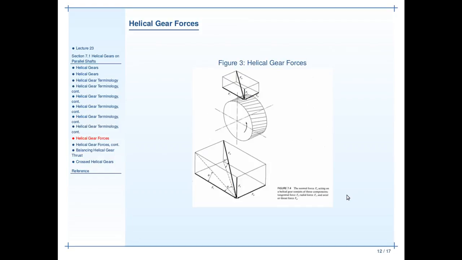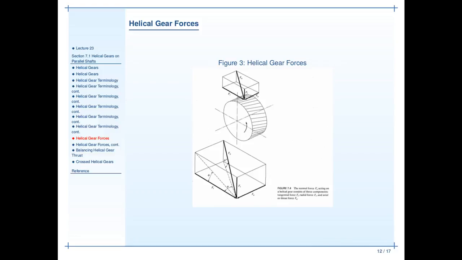Now, let's talk about the other little elephant in the room with helical gears: forces. We have looked at the resolution of forces on spur gears, and we find that the normal force on the tooth resolves down to a tangential force, which produces a torque around the axis of the gear, and a radial force, which always acts to try and push gears out of contact with one another.